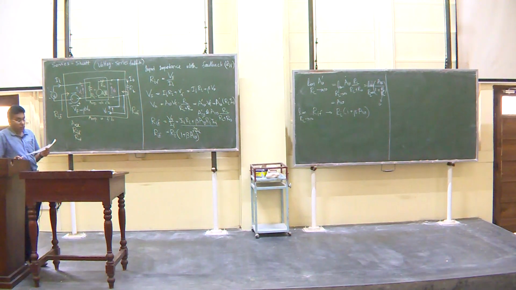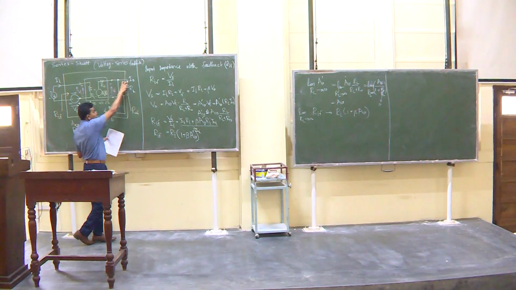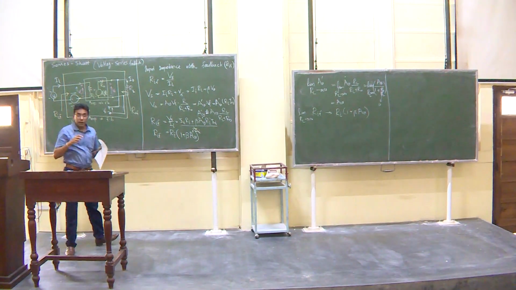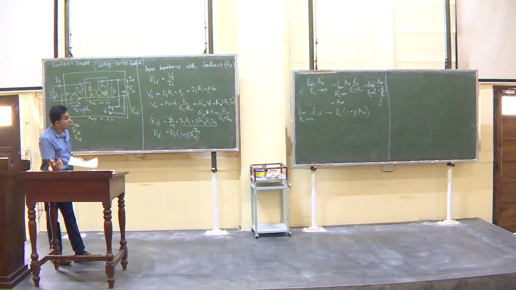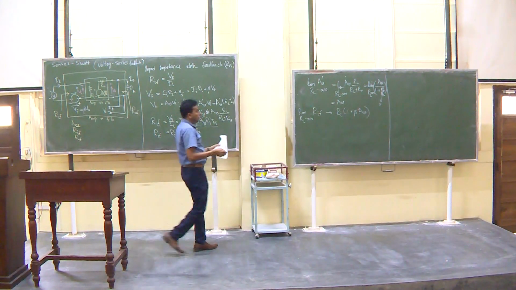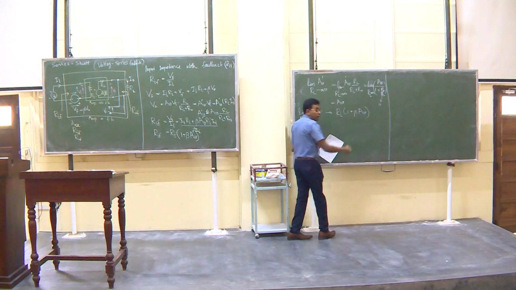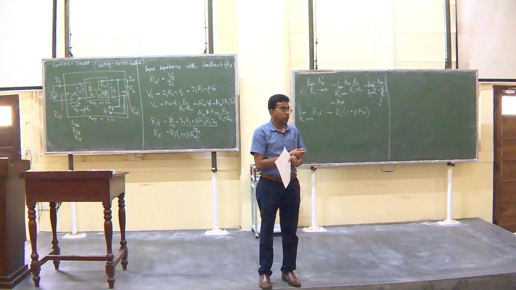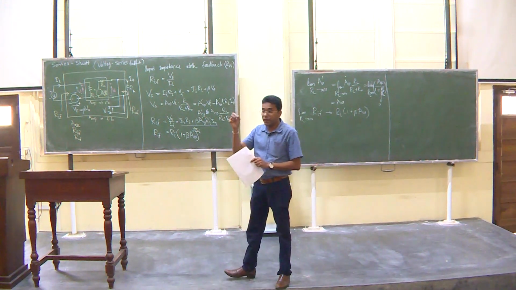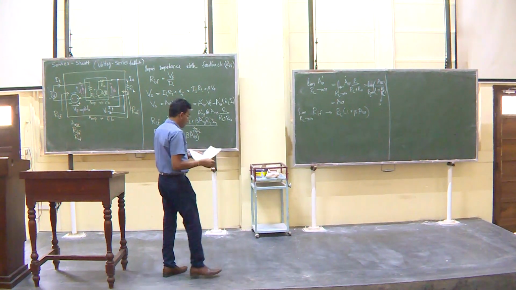The thing to remember though is, if you load it, you need to ensure that this AV is the loaded AV, not the unloaded one. So then you have to multiply it by RL over RL plus R out, you need to keep it in mind.